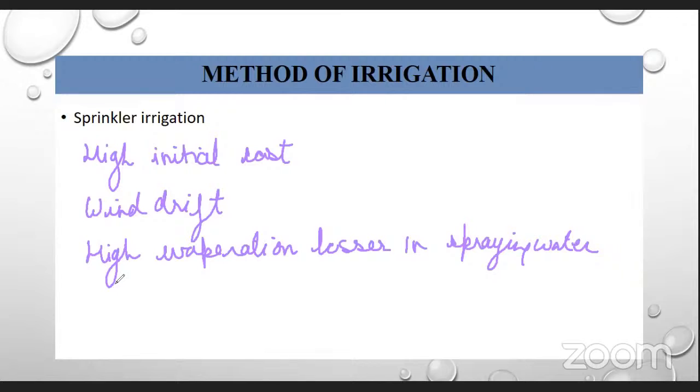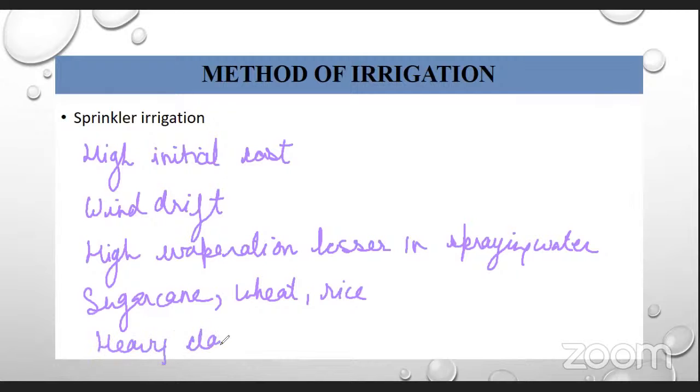Okay, then it is not suitable for sugarcane. This question is also there: sprinkler irrigation is not efficient for sugarcane, or you can say wheat or rice. Okay, and it is also not suitable in heavy clay soils.